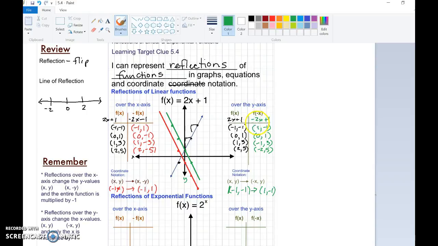Because the value of the x became the opposite, the slope was impacted, but the y-intercept wasn't impacted, so the y-intercept stayed the same. So when we are reflecting linear functions over the y-axis, instead of saying it's the negative of f of x, it's actually f of a negative x, meaning that the only thing that's changing is the x value. All right, so that's our quick little review.